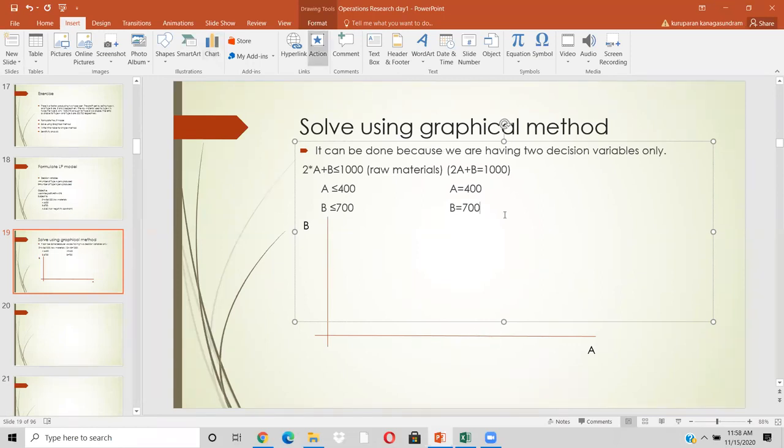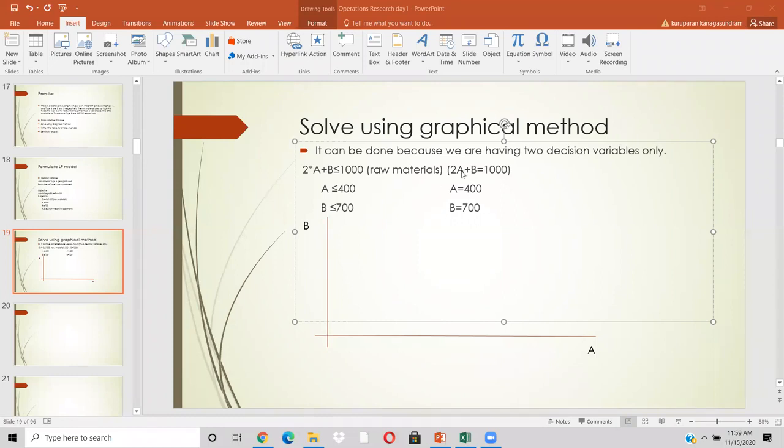First of all, find what is the value of b when a is 0. Here in this axis, this is the axis of b, so the value for a should be 0.